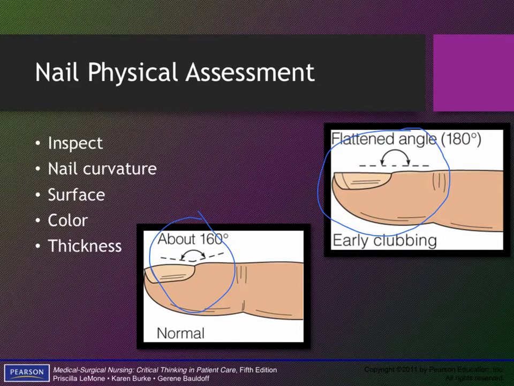What happens is the nail becomes really thick, hard, shiny, and then it curves at the end. So those are assessment things that you need to be looking at. Not only that, you're going to look at the color of the hands and the feet. Are they pale? Do they have a cyanotic tint to them? We're talking about assessing hands and feet. When we get to cardiac, we're going to think perfusion, circulation.